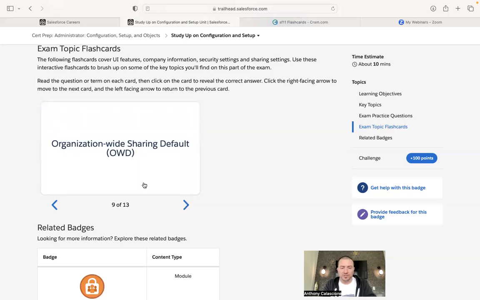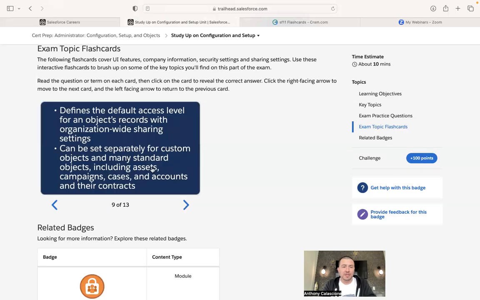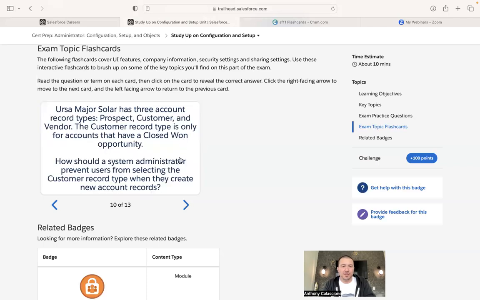Organization-wide sharing default, OWD. Defines the default access level for an object's records with organization-wide sharing settings. Can be set separately for custom objects and many standard objects, including assets, campaigns, cases, and accounts and their contracts. Ursa has 3 customer record types: prospect, customer, and vendor.